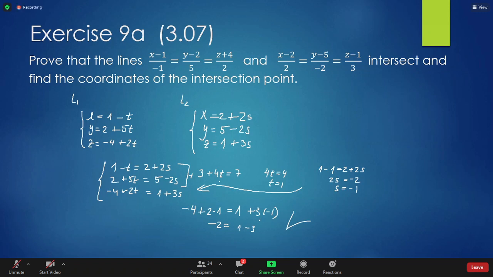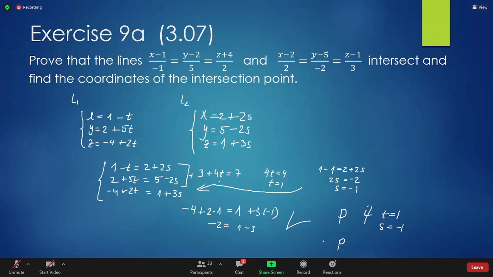We have found these from the first two equations, and we have checked it in the third equation. So the intersection would happen if t is 1 and s is minus 1. It doesn't matter which you use because the point will be the same. So I take t is 1, put it into the first line, and I get my point P. Similarly, I can take s is minus 1 and put it into the second equation. I still get the same point, the same coordinates, because that was how this system was actually set up.